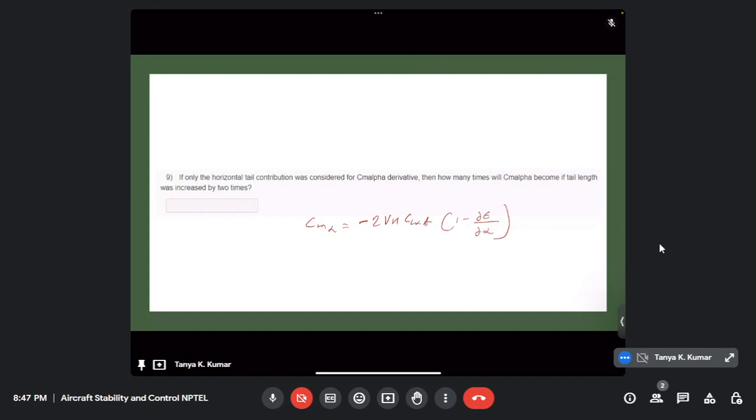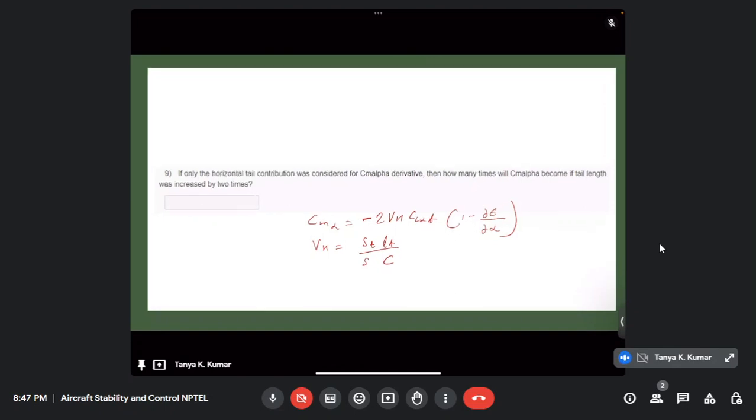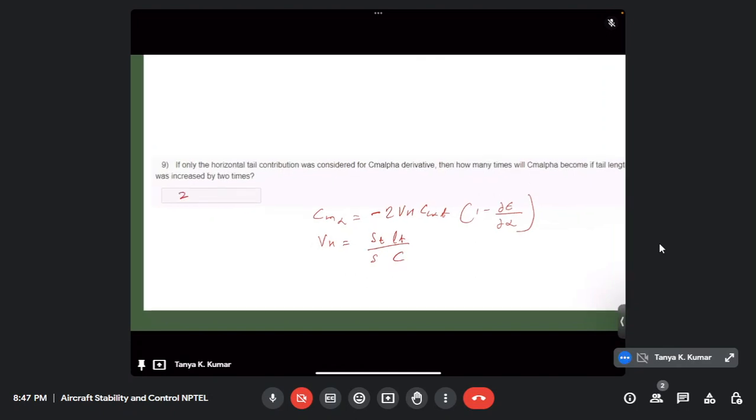So what is VH? ST LT by SC. What is ST? ST is the span of the tail, that is the length of the tail, right? So if I double the tail length, how much will Cm alpha change? That will also become 2 times, right? So this will also become twice.